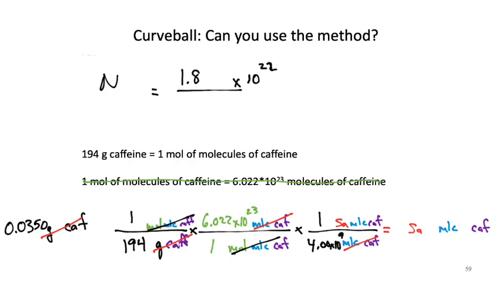I'm guessing. How about 2.1077 times E22? What is E22? That's the E. Times 10 is the E.